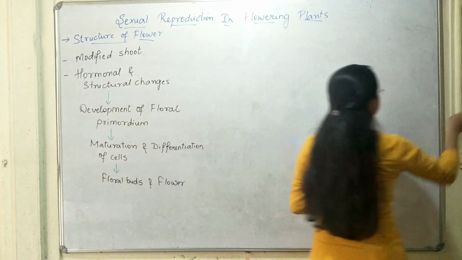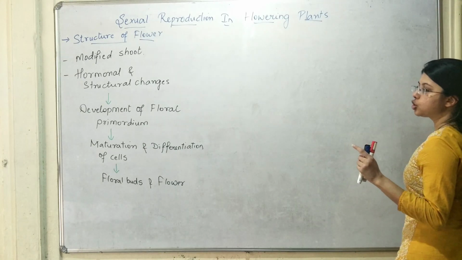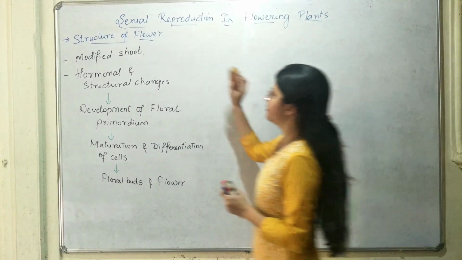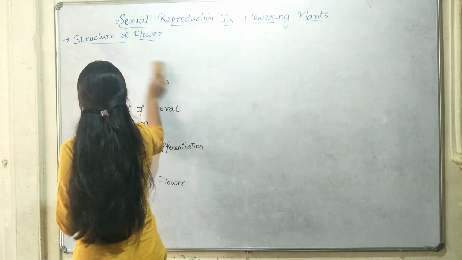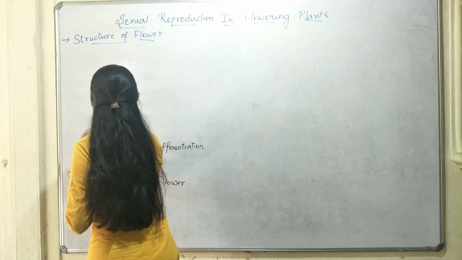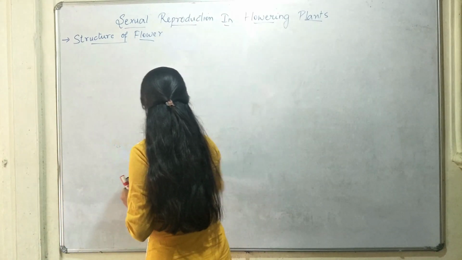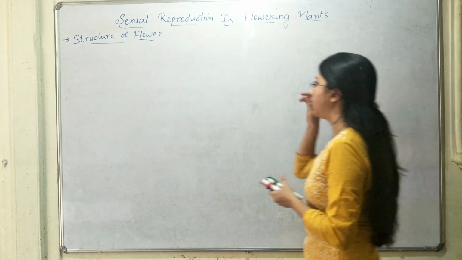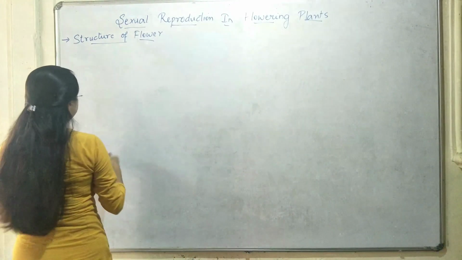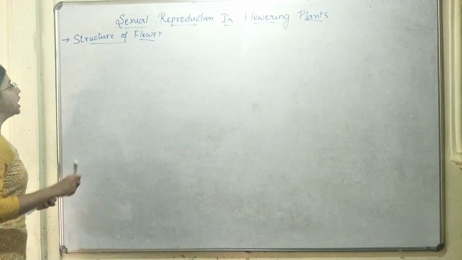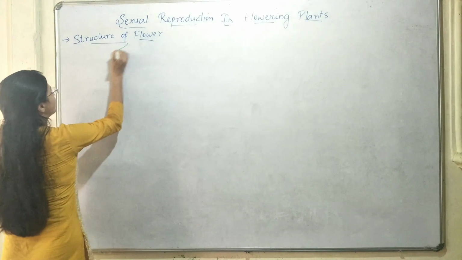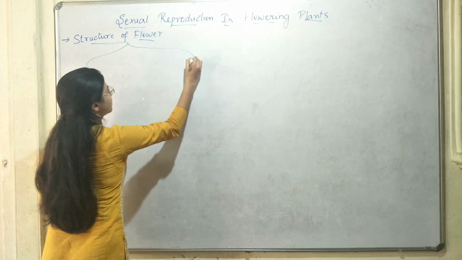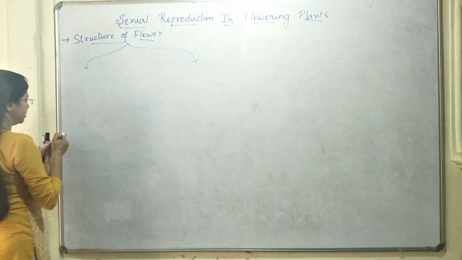To move ahead, let us now see the different structural parts of a flower. If you see the structure of a flower, as I said earlier, it will have two types of whorls.